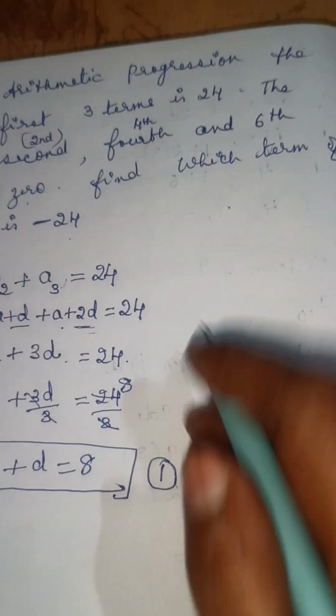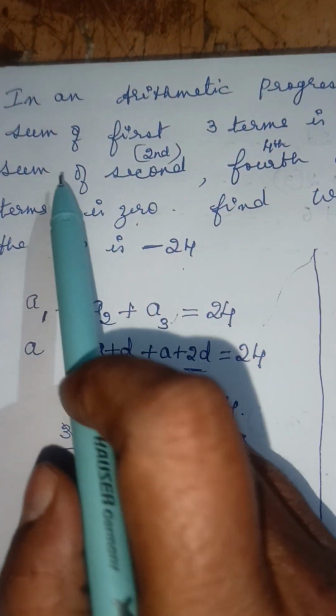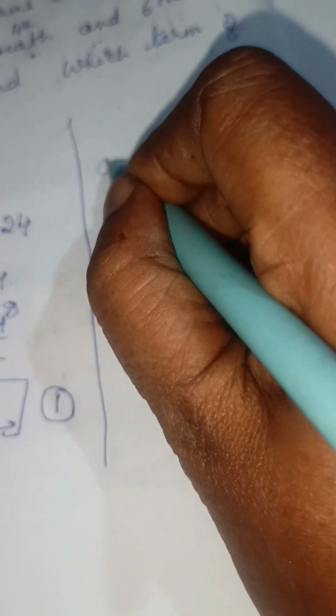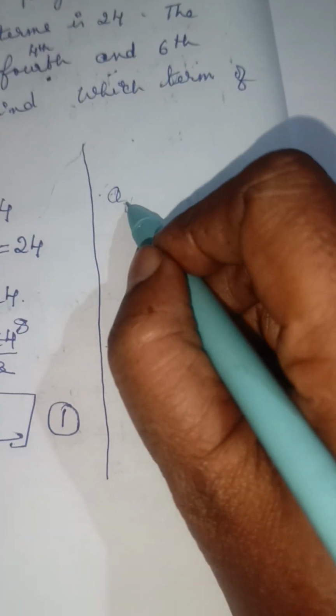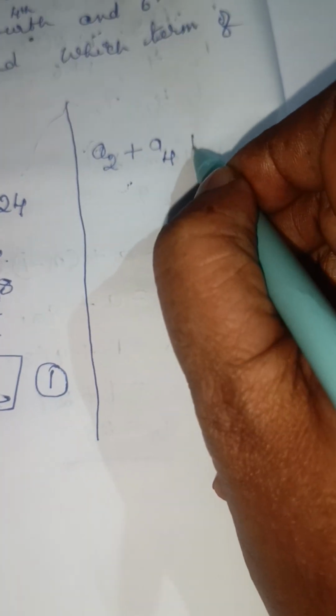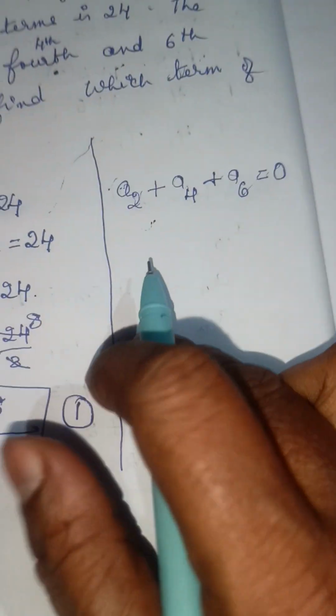Okay. Now let's go to the second part. They have told the sum of the second, fourth and sixth term is 0. So the sum of the second, fourth, sixth term is equal to 0.